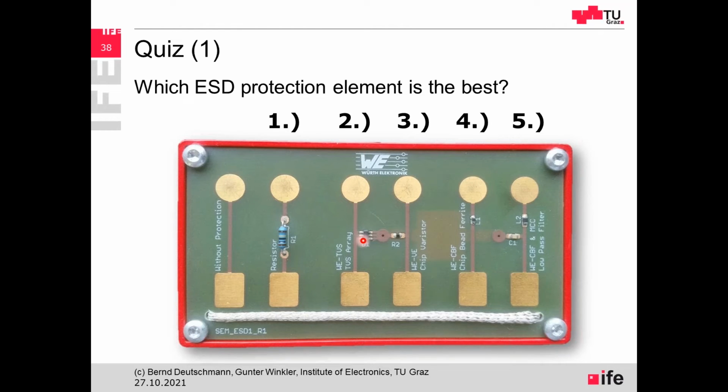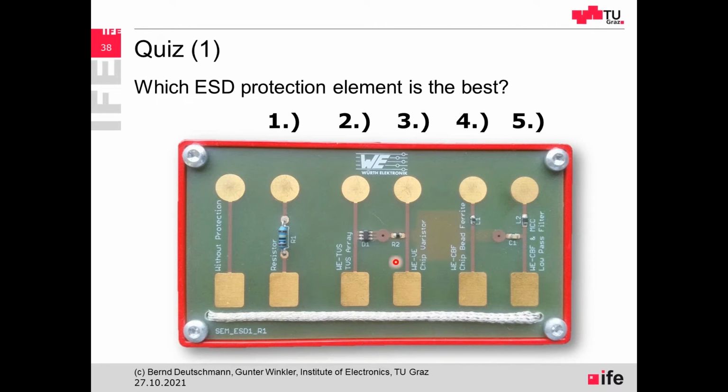The next, number two, is a transient voltage suppressing array. So there are TVS diodes within this array. This is in parallel to the system that should be protected. So once it's triggered, it's diverting the ESD current to ground. So here is the ground connection point.